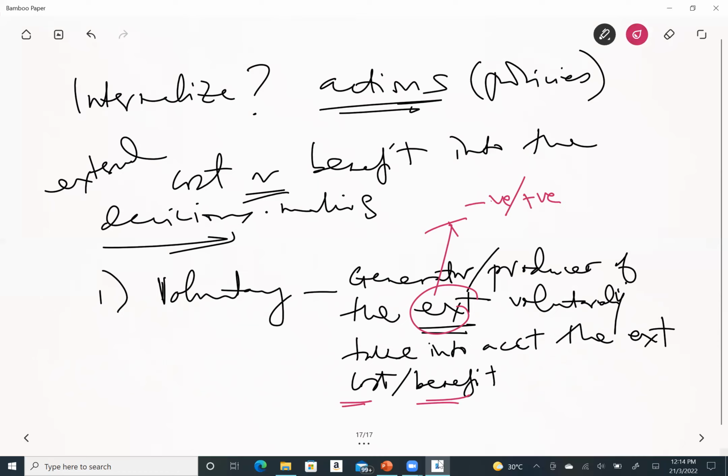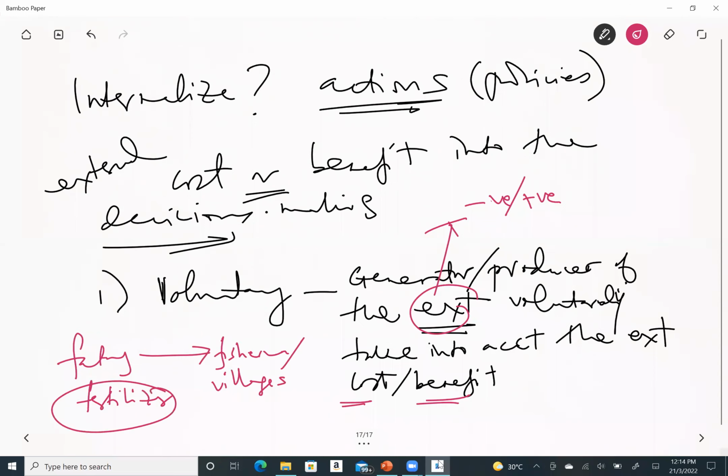So negative externality, positive externality. So voluntary, for example, if you are the owner of the factory, we were talking about the fertilizer factory, you look at the cost to the fishermen or the villagers that use the water for drinking.